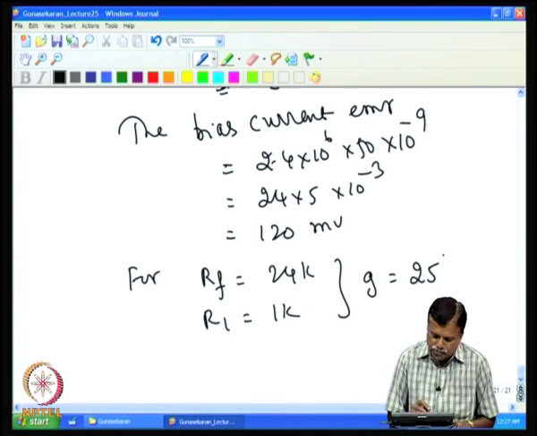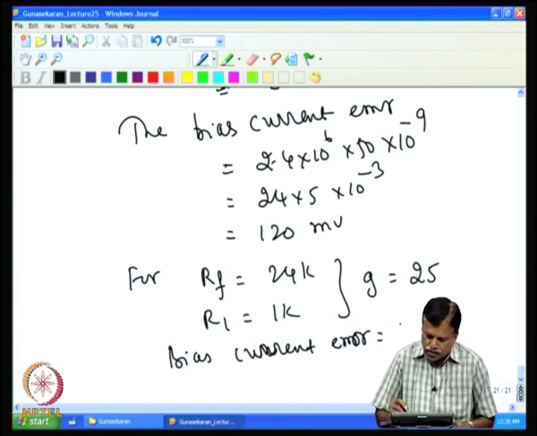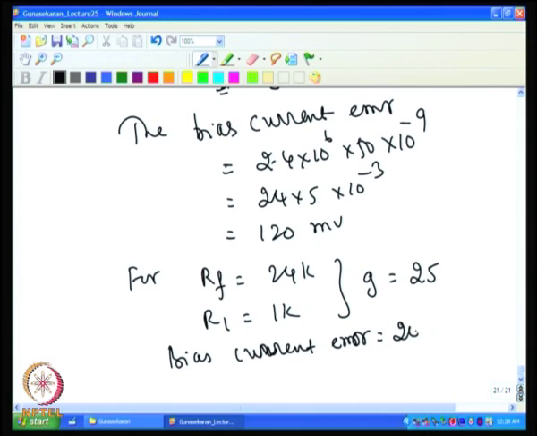Now for the bias current error, you will have 24 k into 50 nanoamps, which comes to 1.2 millivolt. So the smaller the resistance, the lower the bias current error will be.